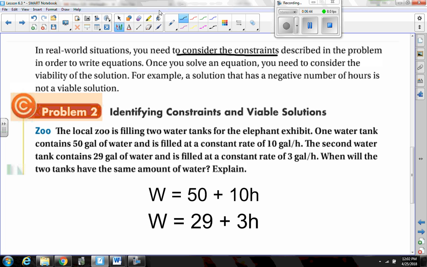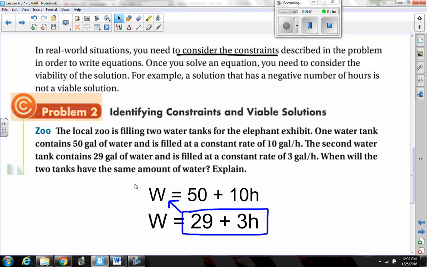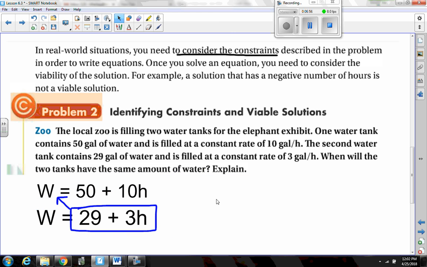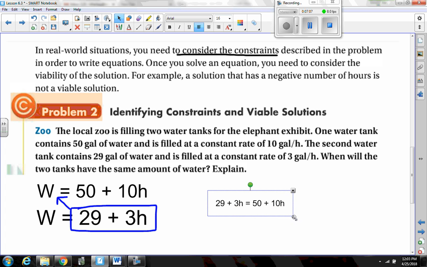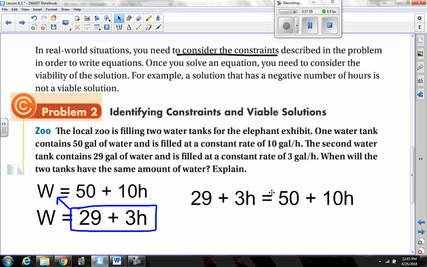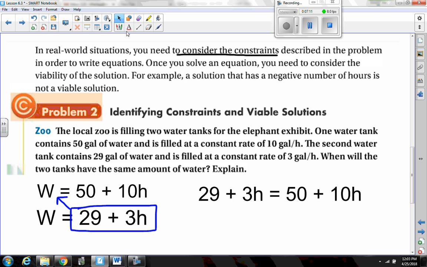It's another one that I'm probably going to solve with substitution, because I know that W is equal to 29 plus 3H, so I can put that up in there, and I get this equation, 29 plus 3H is equal to 50 plus 10H. And now this is an equation that I'm going to try to solve for H.